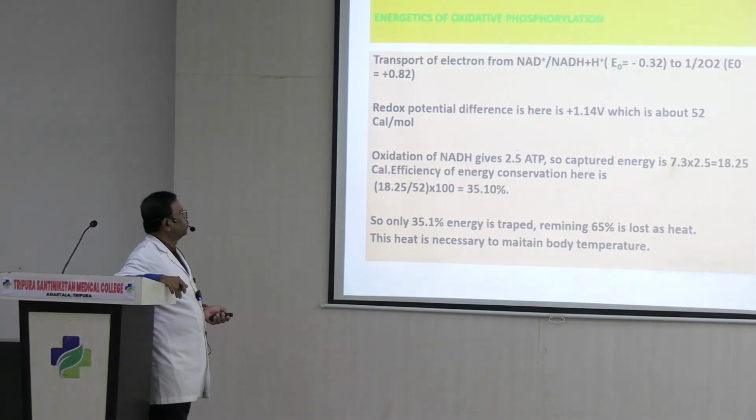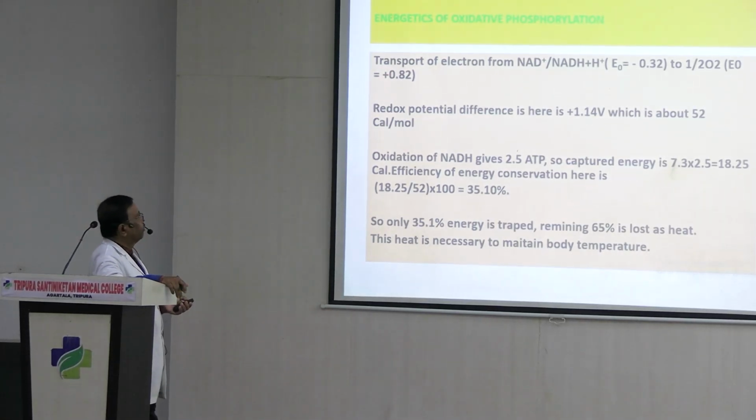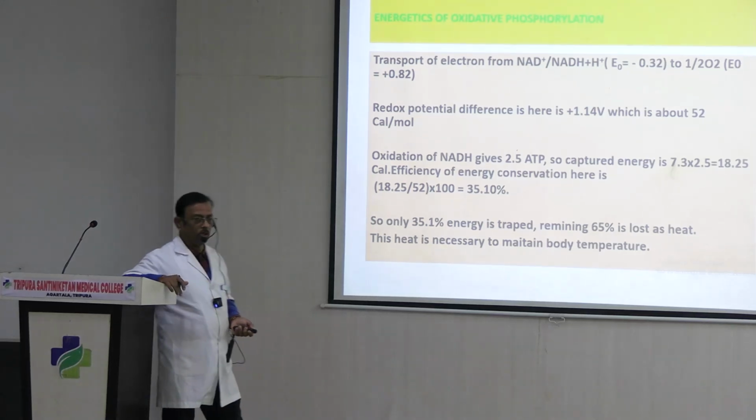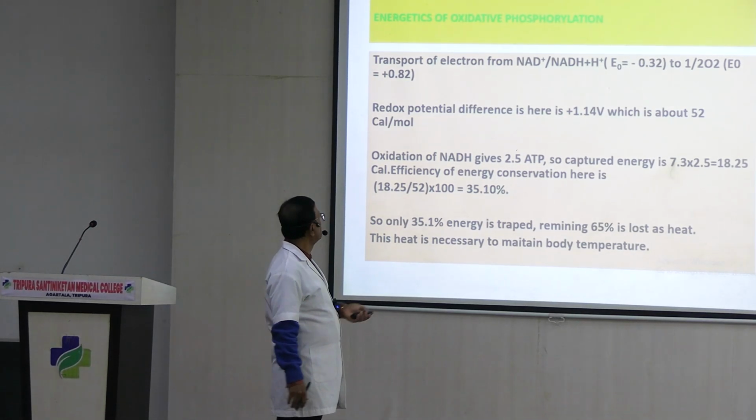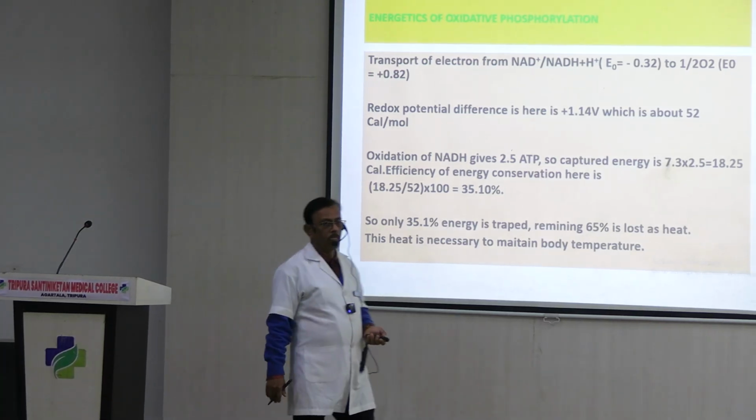So there is a difference of 1.14 volts in the total chain. That is equivalent to 52 kilocalories per mole.